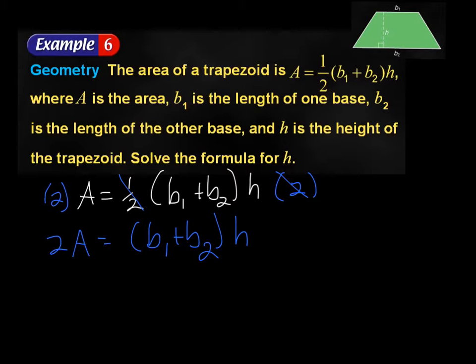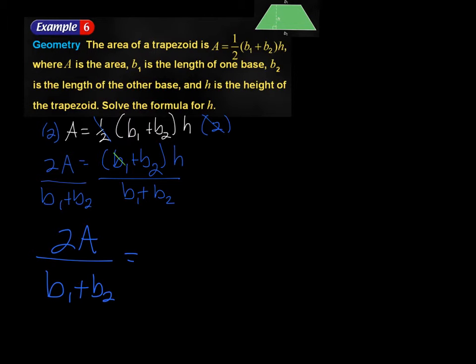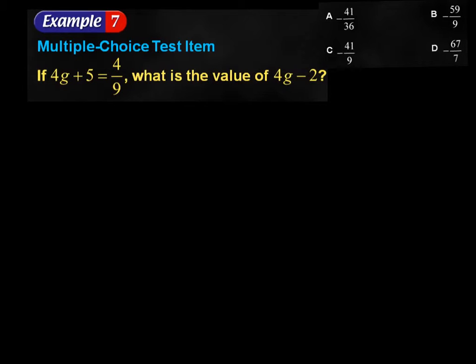So all I need to do is divide both sides by that sum, because it's all together. So we have isolated the h. 2 times the area divided by the sum of the bases would give us the height. We're reviewing a lot of stuff from other courses in one lesson here.